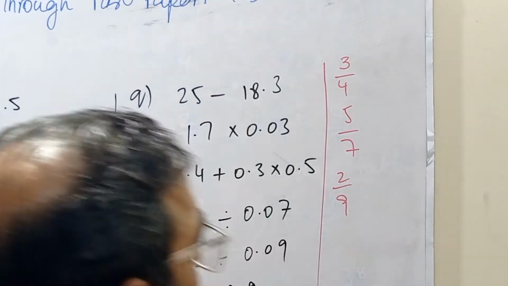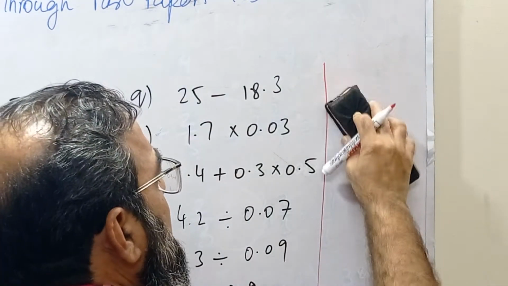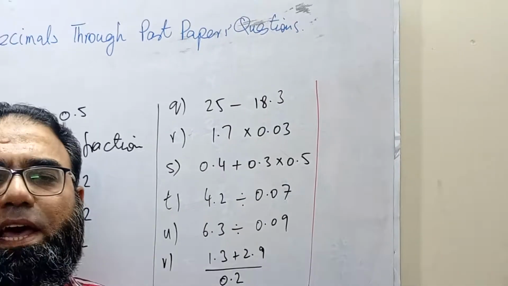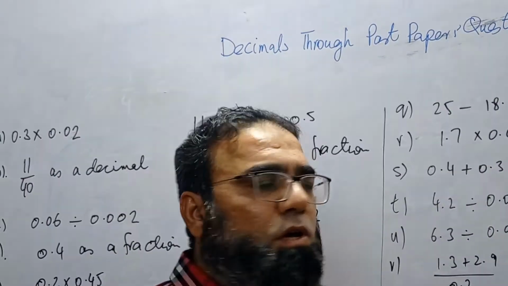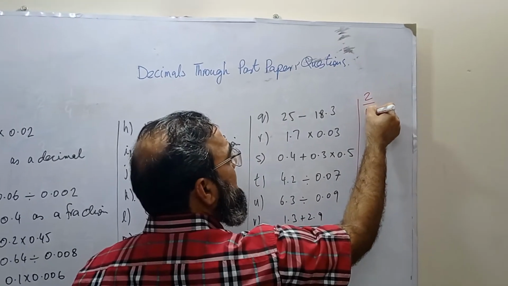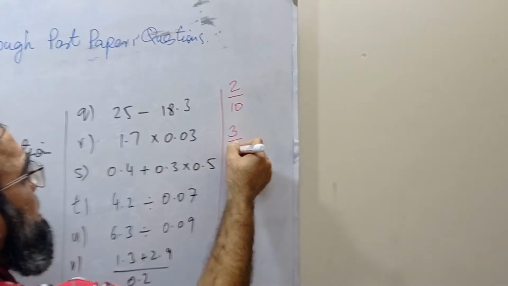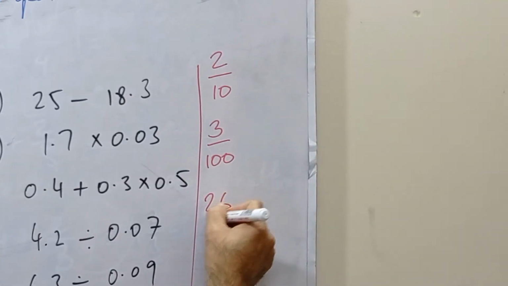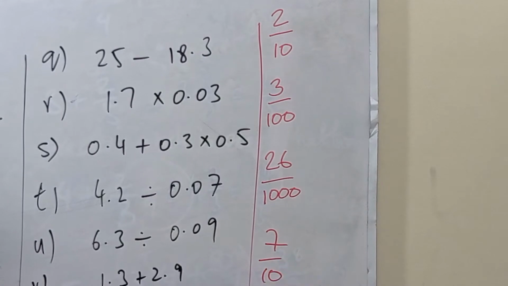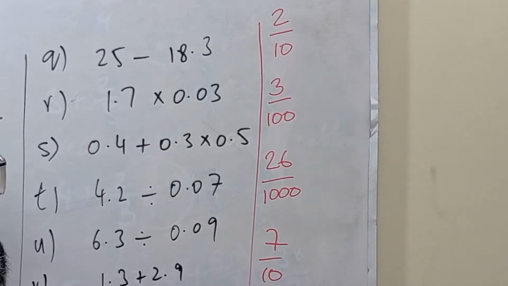Now there are some special fractions which have their denominator taken out of tens, hundreds and thousands. So we call them decimal fractions. For example, there is 2 over 10, 3 over 100, 26 over 1000, 7 over 10, 29 over 100.